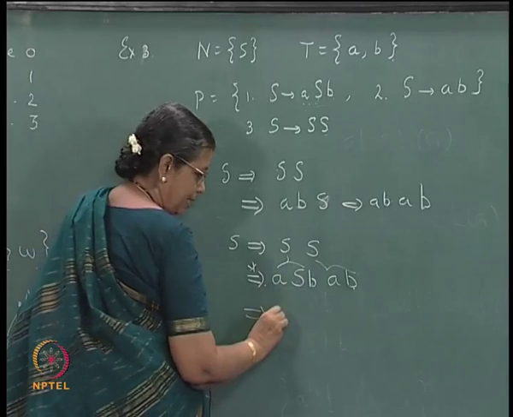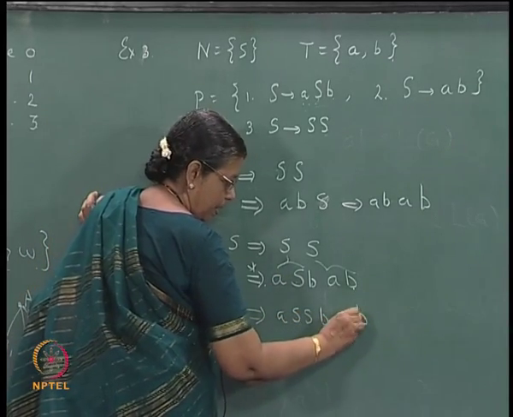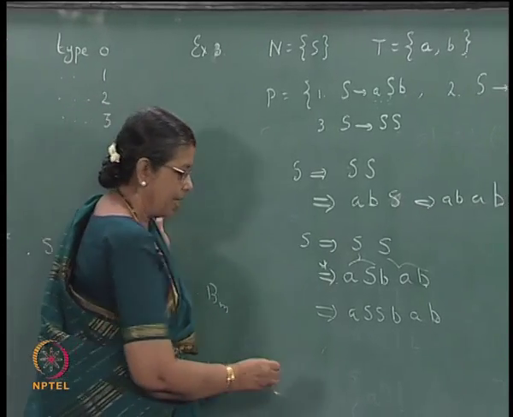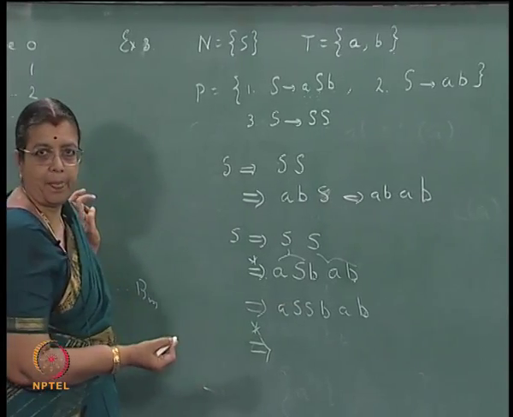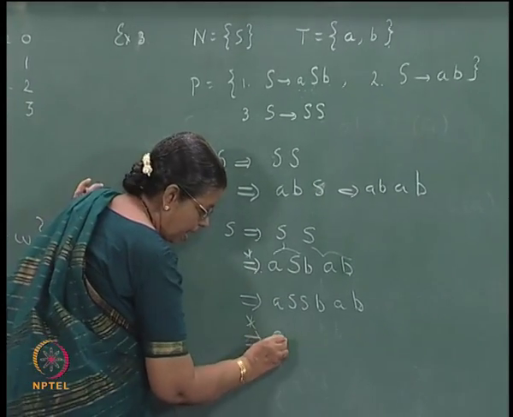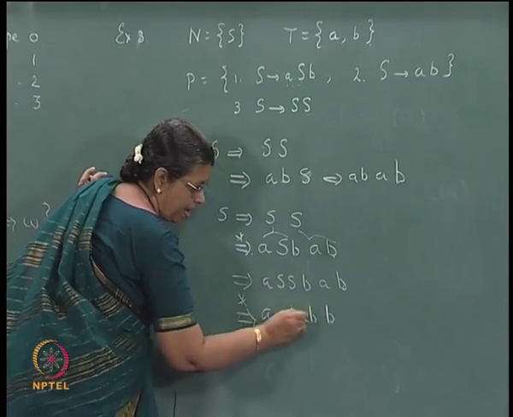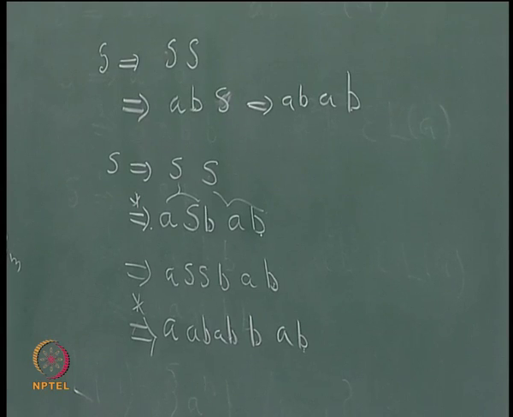Now, this S is replaced by SS. Now, each one of these S's you can replace by AB. So, A, AB, AB, B, AB. Such a string can be generated by the grammar.